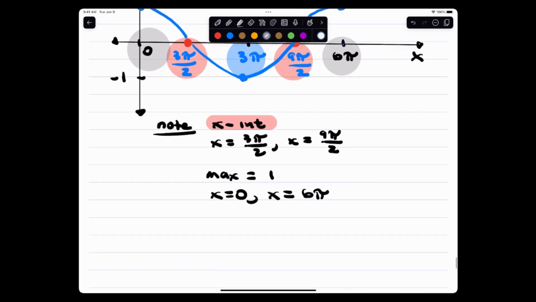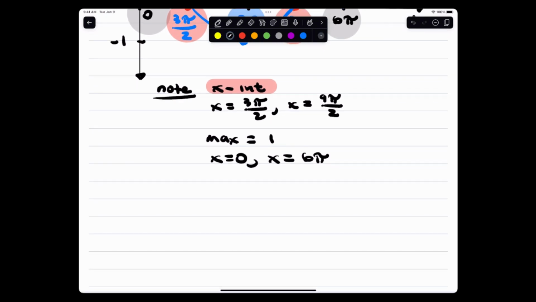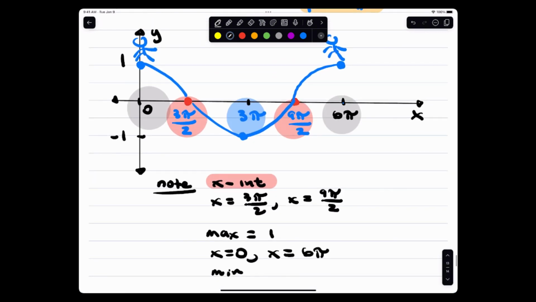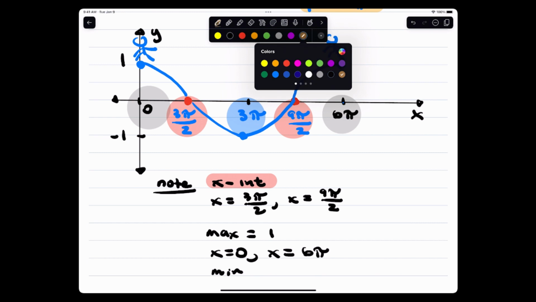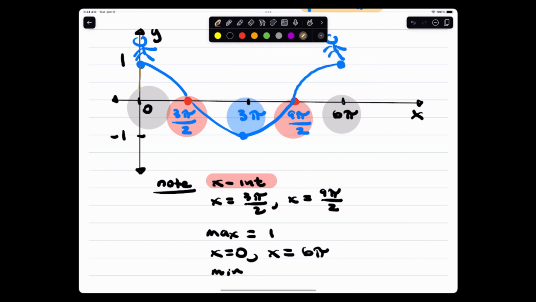So where are you at the minimum values? Anybody know? Where are you at the minimum? Where are you at the valley here? Because I would say to you, if I find the right color here, maybe gold. Over here, your cosine curve is between -1 and +1.